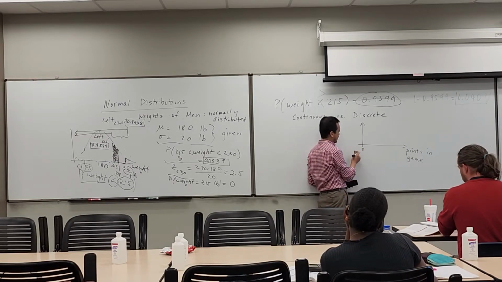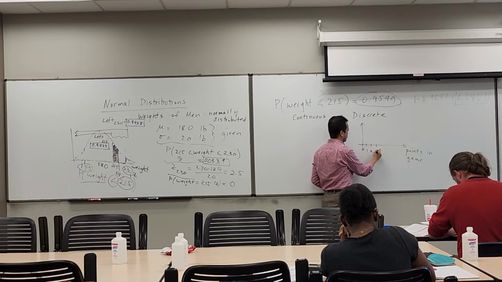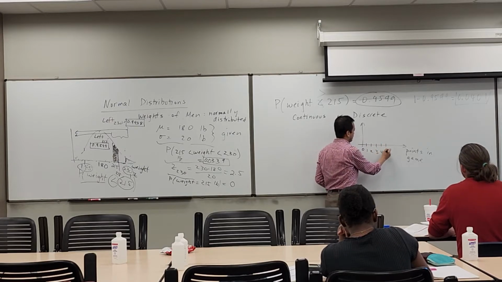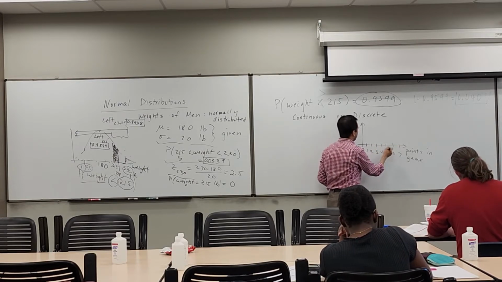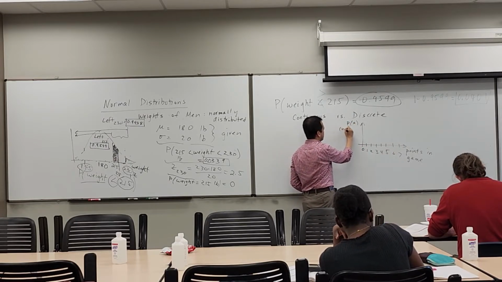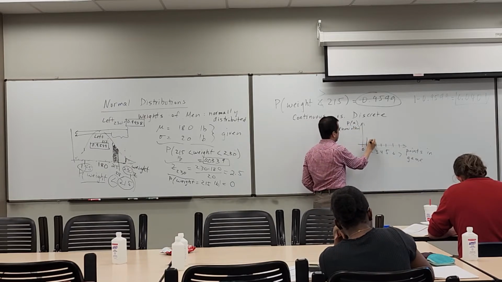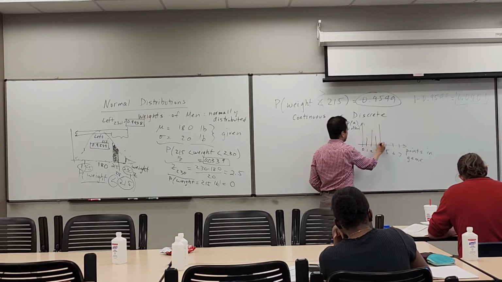So we'll do, you can't have negative values in the game. So 0, 1, 2, 3, and so forth. And then for each one, we indicate the probability or how often it occurs in the game. And then you might see a distribution that looks like this.